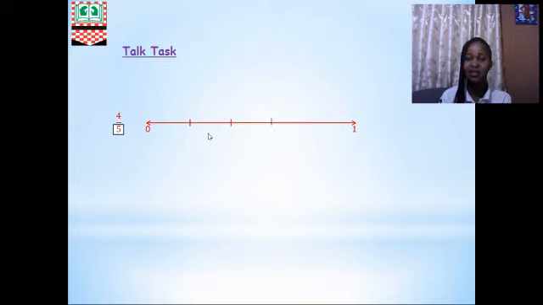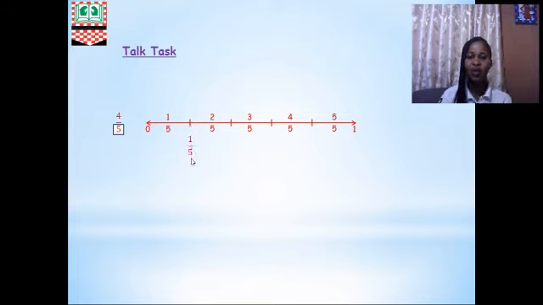We need 5 parts. So we'll just draw 4 lines and we need 5 different parts. 1, 2, 3, 4, 5. 1 over 5, 2 over 5, 3 over 5, 4 over 5, 5 over 5.